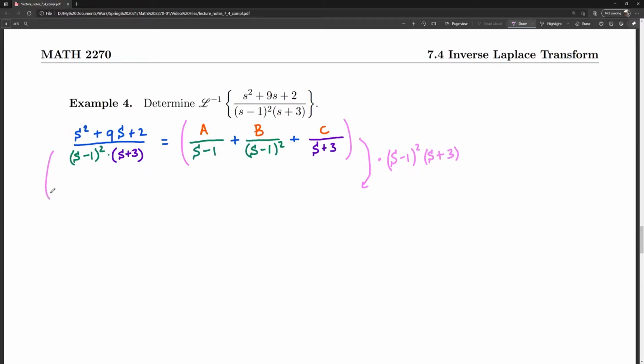And I will do that on the left-hand side as well. And what I get then is, so (s minus 1) squared times (s plus 3).